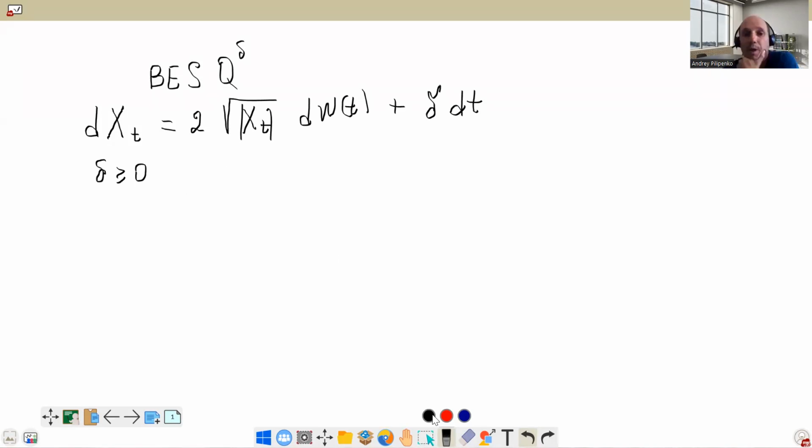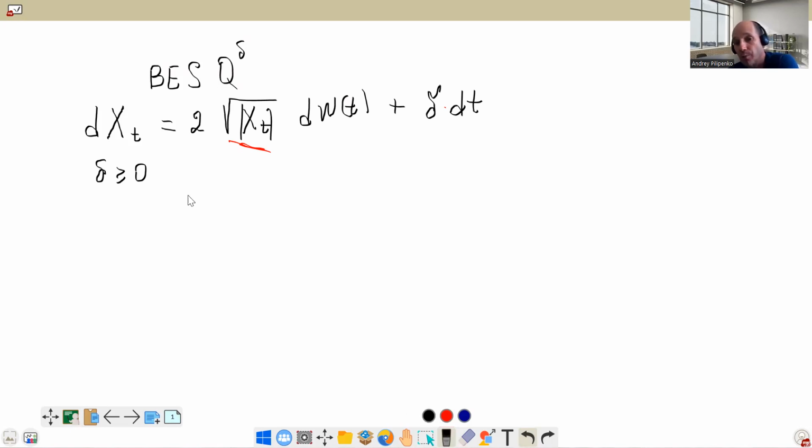And you see, the diffusion coefficient is a Hölder continuous function with parameter 1/2. And it is well known that if you have this regularity, and the drift coefficient is Lipschitz, then there exists a unique strong solution to this equation.